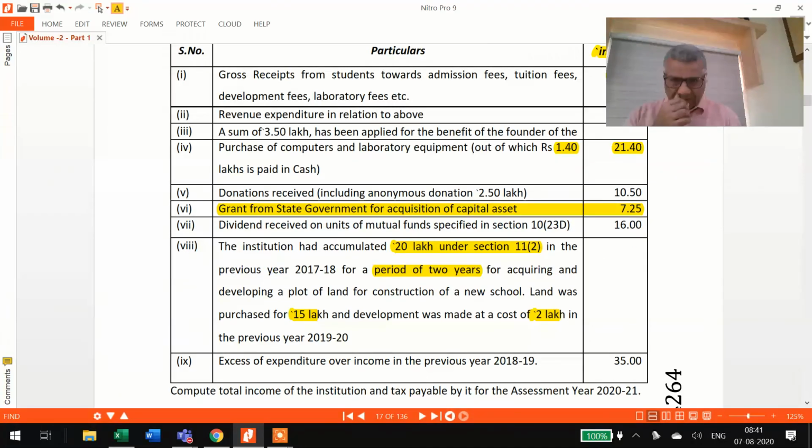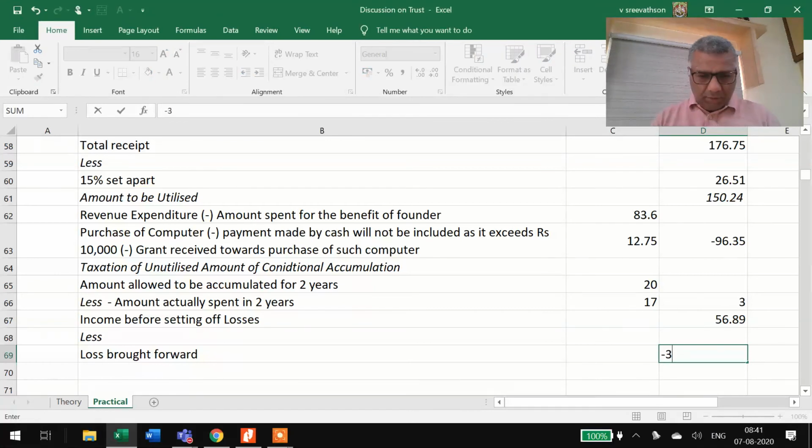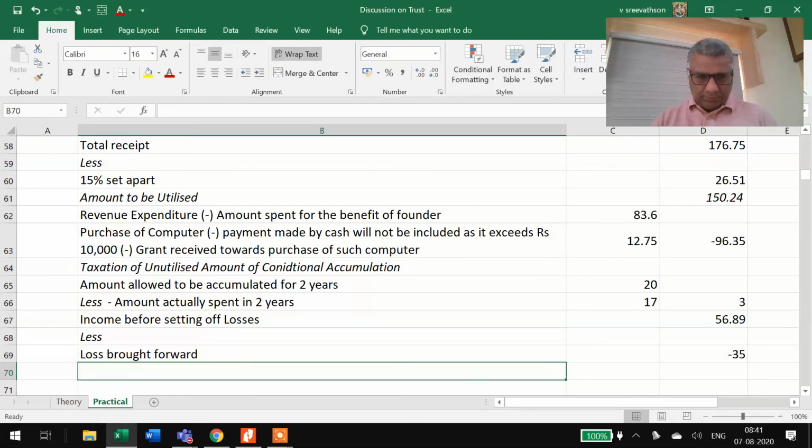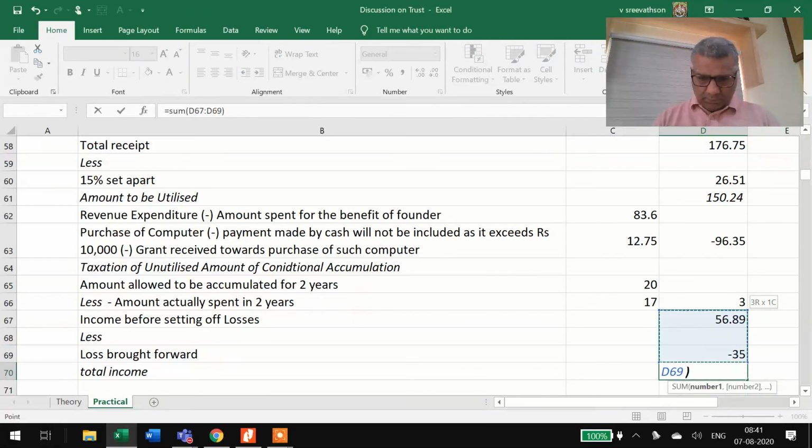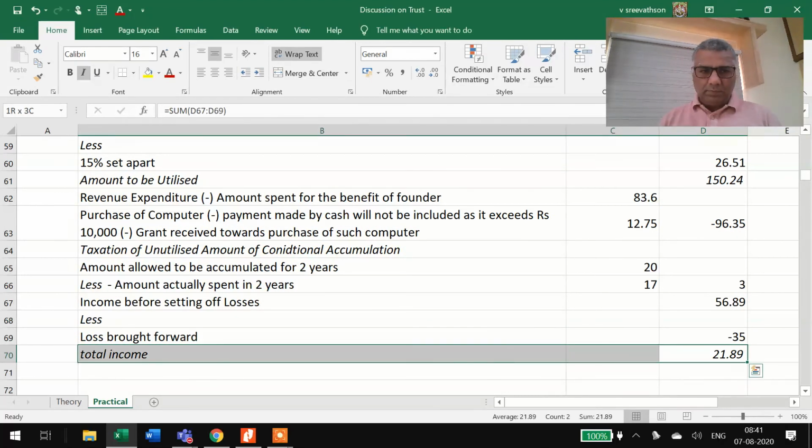Less loss brought forward. Twenty-one lakh 89,000.